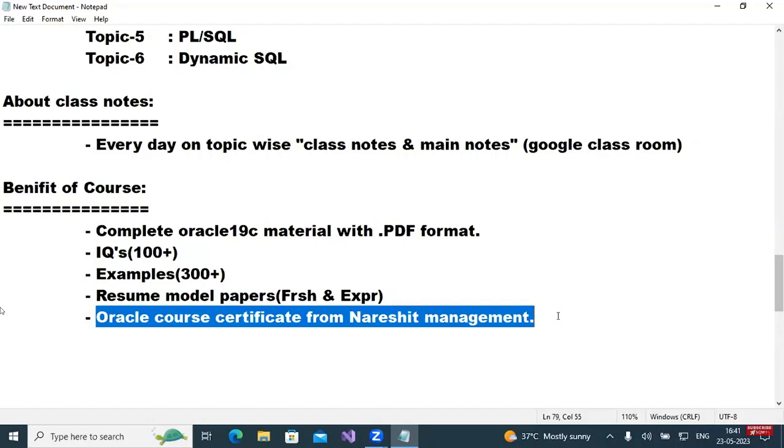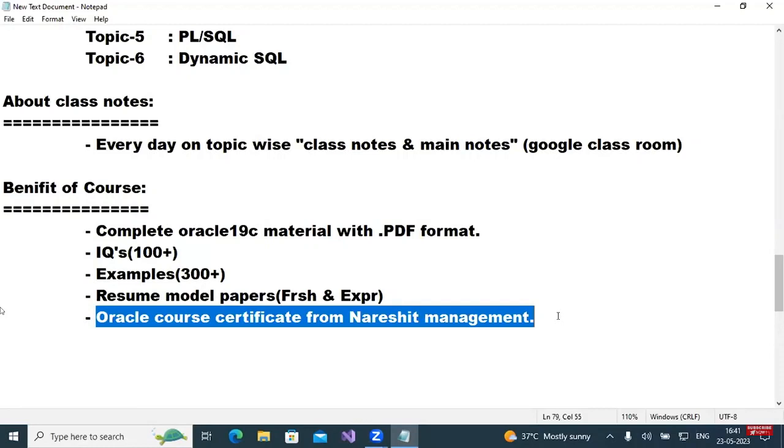Those who take the complete package will get one certificate, called full stack Java developer. In that case you can't get a separate Oracle certificate.